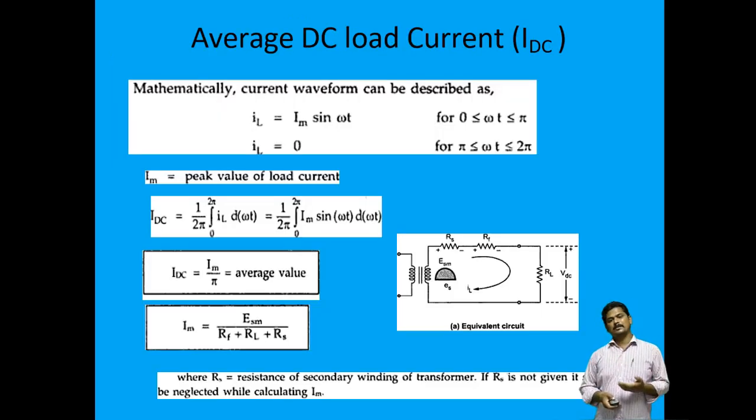Here is the calculation of the average DC load current. The load current at the resistor that we connected in the half-wave rectifier is IL equal to Im sin(omega t) for omega t from 0 to pi, and when omega t is in the range pi to 2 pi, the load current will be 0.